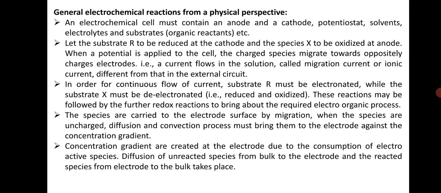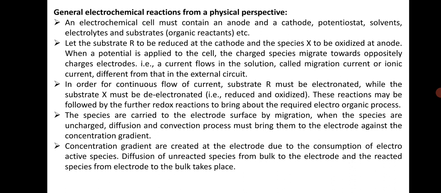When the species are uncharged, the migration may be by diffusion and convection to bring the species to the electrode surface against the concentration gradient. The concentration gradient is created because the species are continuously consumed at the electrode surface.